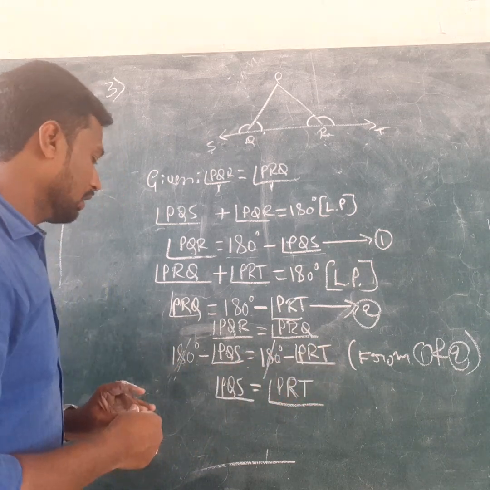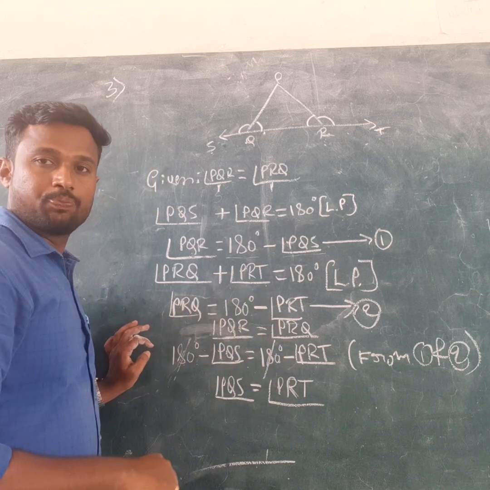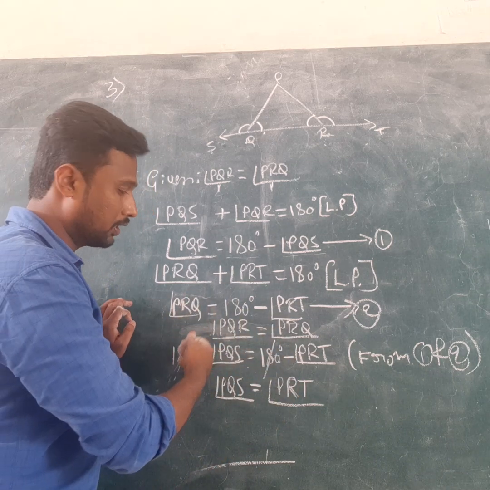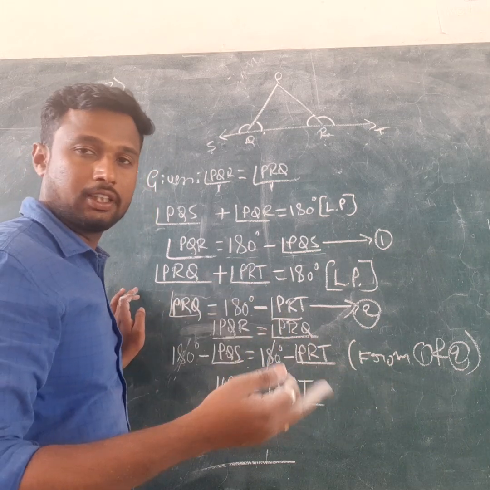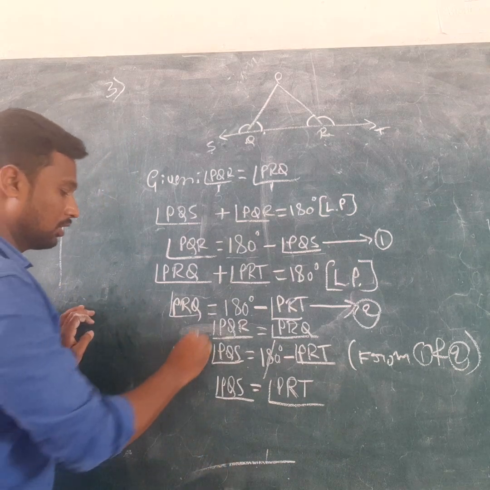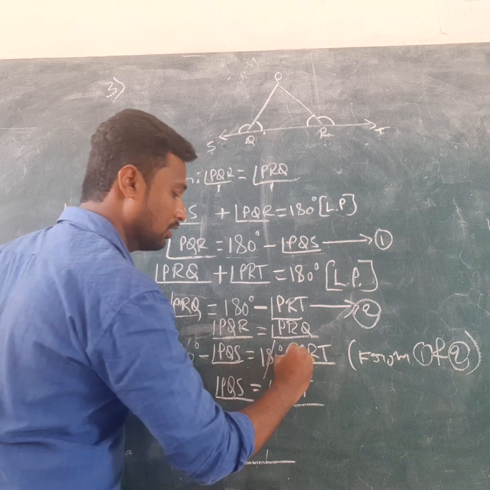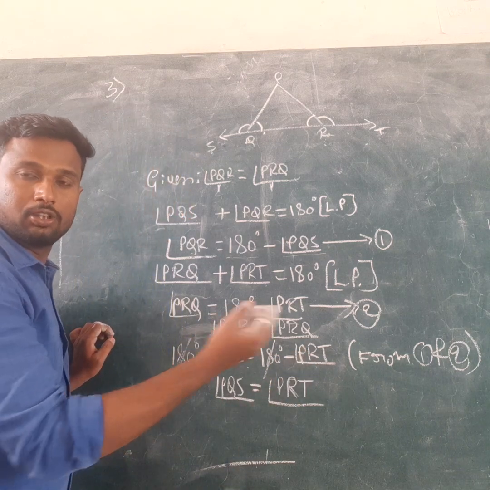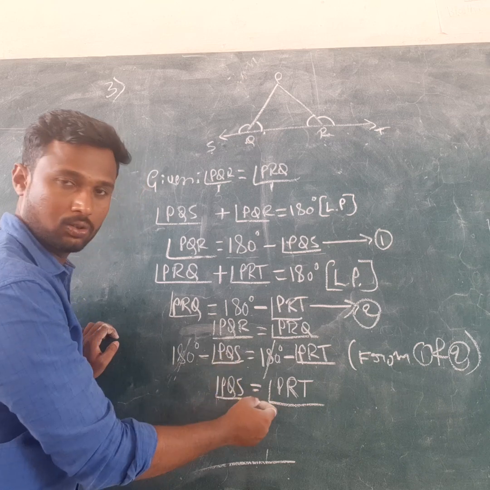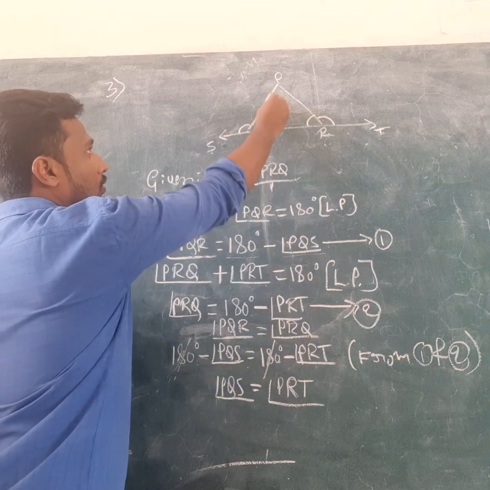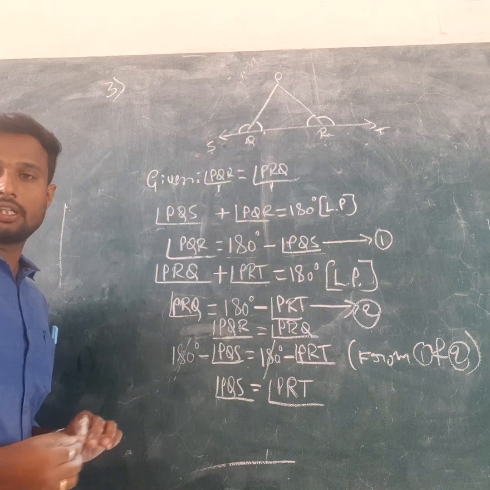So now I will directly cancel 180 degrees both the sides. If you want to move this 180 degree to right hand side, it will become negative integer, so 180 minus 180 is equal to 0. And here also minus is present, here also minus is present. Minus into minus means plus only. So angle PQS is equal to angle PRT. We have proved angle PQS is equal to angle PRT.